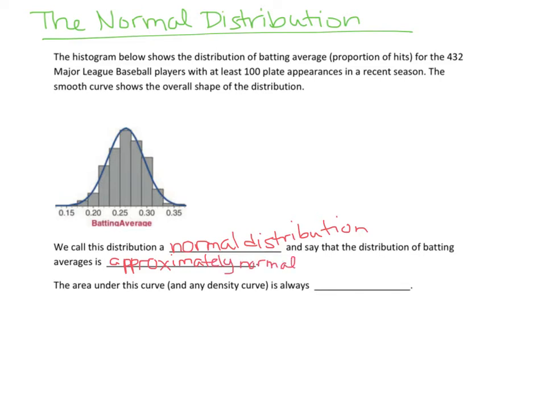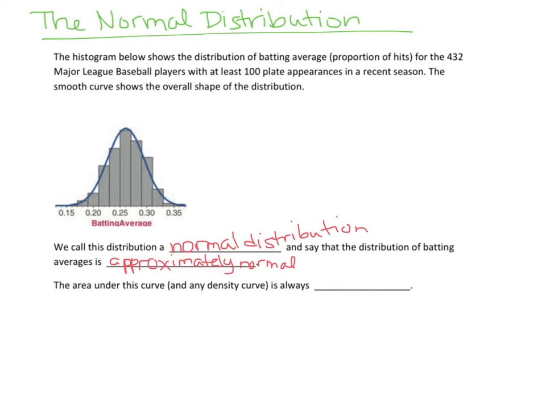The reason I want to emphasize this is because if you were taking the AP test and you were to say that this histogram was normal, believe it or not, they would mark off points for you for that. You would have to use the word approximately just to show that it's not perfect. We pretty much never get a perfectly normal distribution, but most of them are approximately normal, and that's what we're going to be working with.